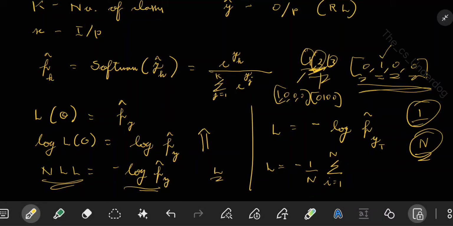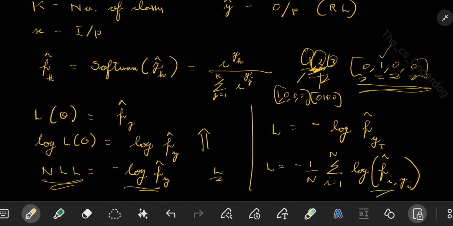Then for each sample, you apply the above formula: log, and instead of py cap, you write p i, y i cap. What I meant by p i y i cap is the probability of the true label corresponding to the ith example or ith sample, and by y i I mean the true label for the ith sample.